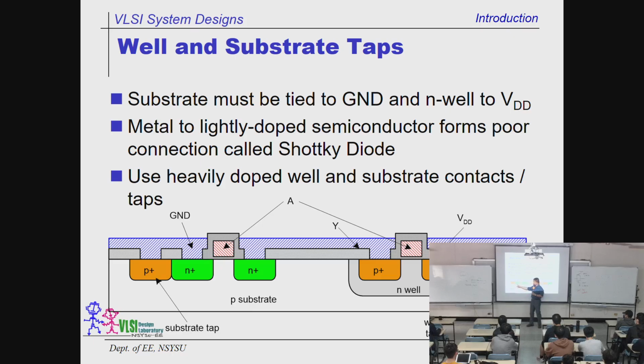For those, you just tell these homeless electrons, you boys and girls have nowhere to go. This is a shelter. Come over here. I'll give you somewhere to stay. Get out of the channels that we want to transmit the signal. That's the purpose of this well tap.